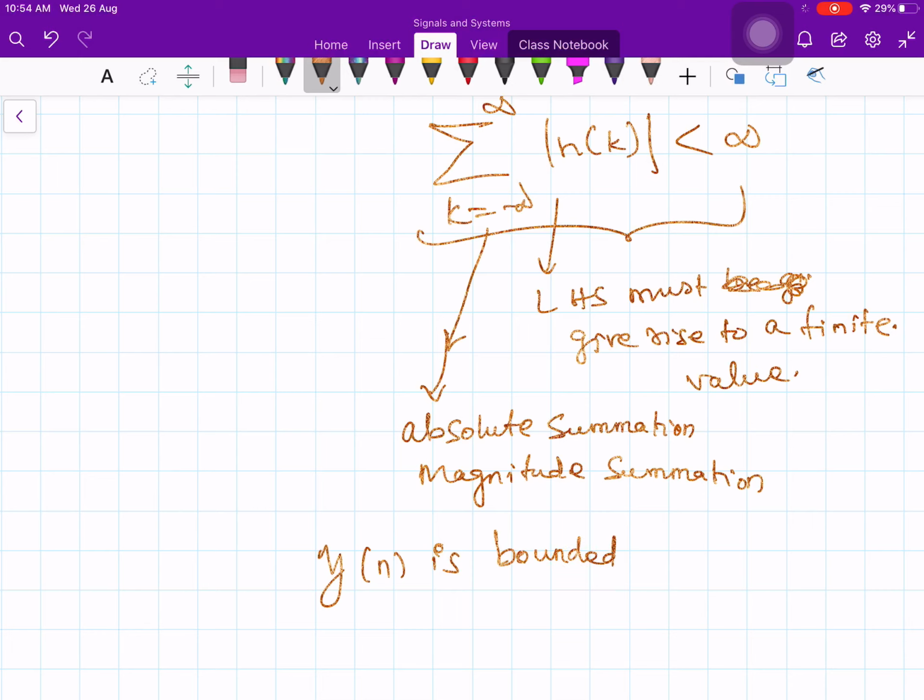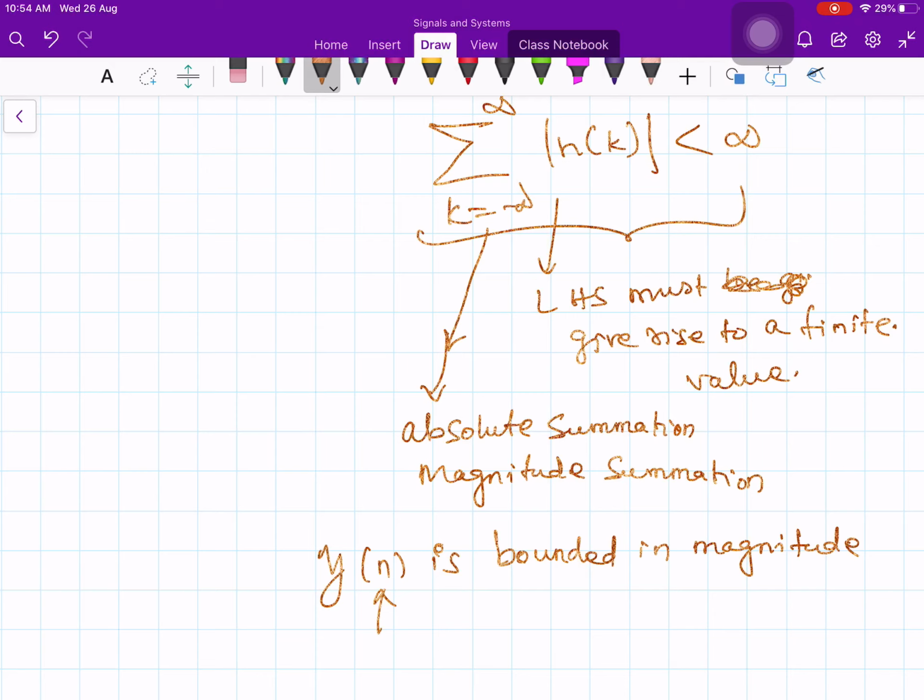See, there are some systems where the input is bounded but the output will not be bounded because of the instability of the system. Therefore, in order to get a bounded output, you should satisfy two conditions. The first one is that the input should be bounded in magnitude, that is x of n is bounded in magnitude.